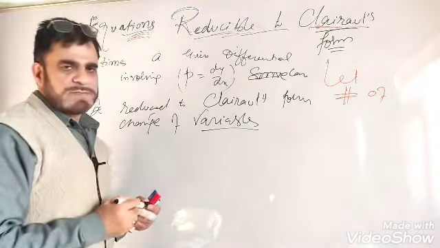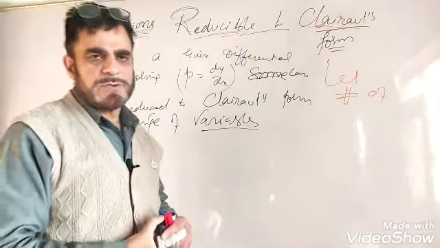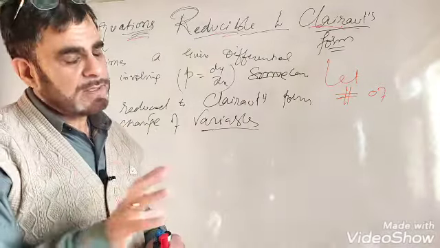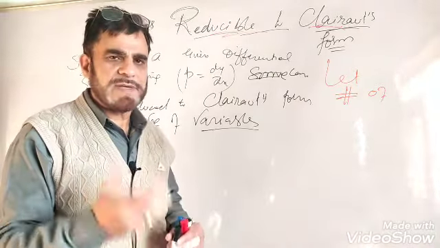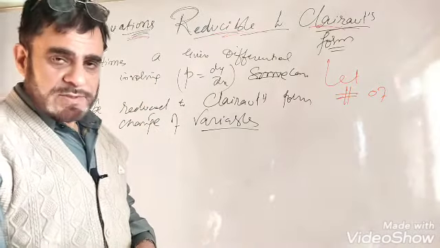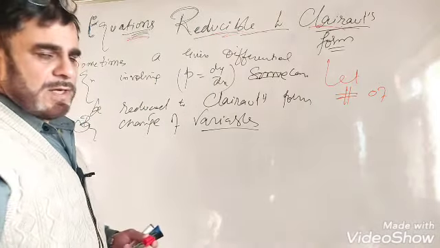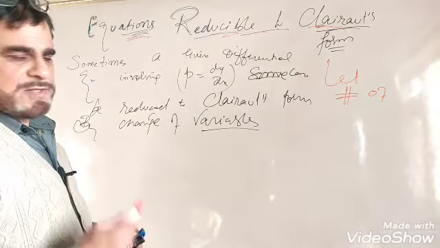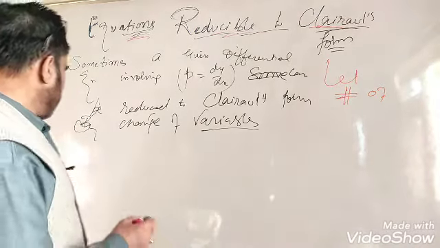With change of variables method we reduce the equation into Clairaut's form, but not each and every equation. Sometimes some equations can be reduced to Clairaut's form. So I will give you some tips on which substitution, which change of variable you can use here.